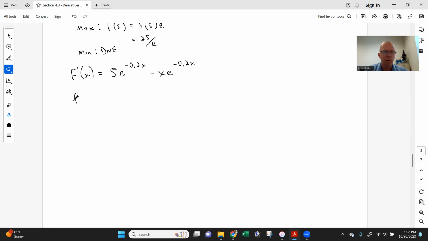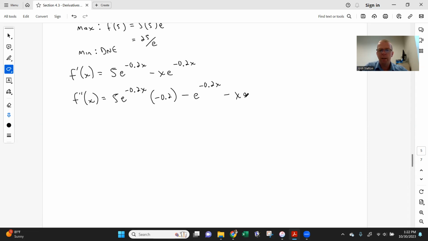And we're going to get the second derivative. So 5e to the negative 0.2x times negative 0.2. Now we're going to use the product rule on the next part. So we'll take the derivative of x, hold the e part constant, and then switch it around.